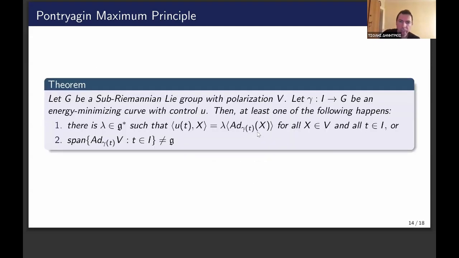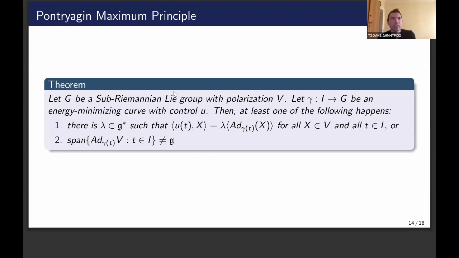And then we have the Pontryagin maximum principle. Now, I won't go into much detail about this. Ili already mentioned this in the past, but for now, what I want you to know mostly about this is that for a geodesic, it can either be normal or abnormal.